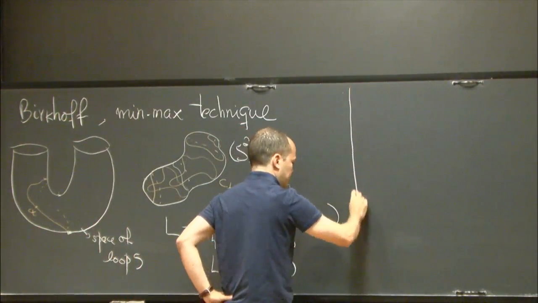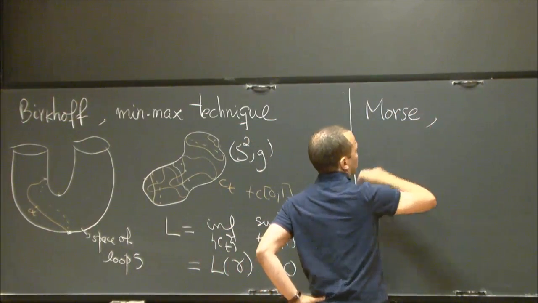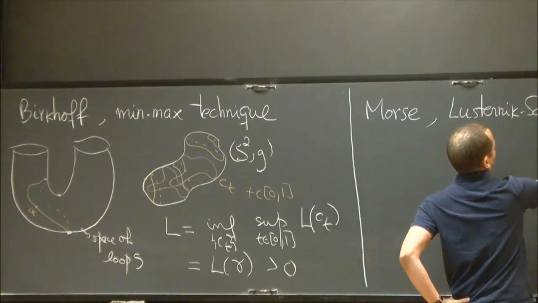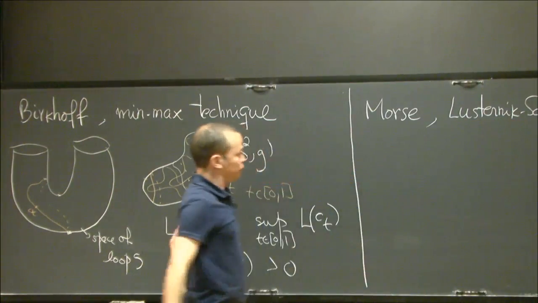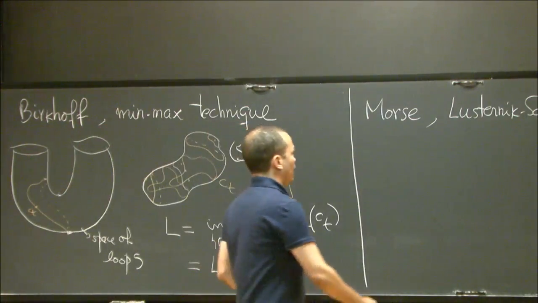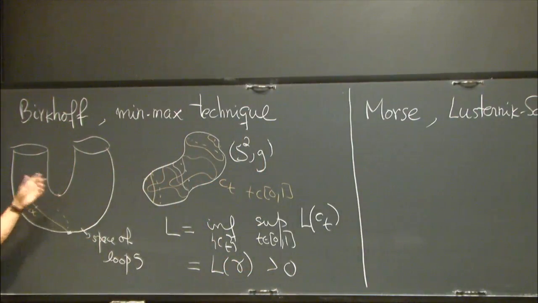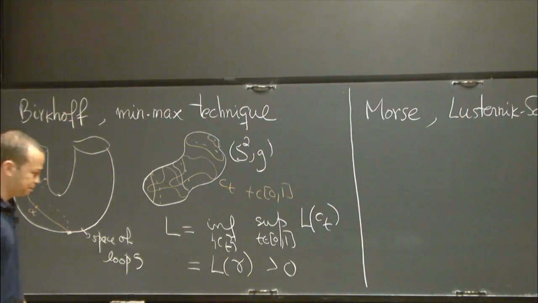All right, so this work later inspired Morse and also Lusternik and Schnirelmann to look at maybe higher critical points. This is a critical point of index 1, but you can, of course, look at critical points of higher Morse index. The basic idea is that the structure of this set of critical points should be related to the topology of the underlying space.